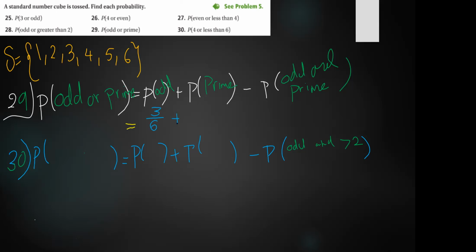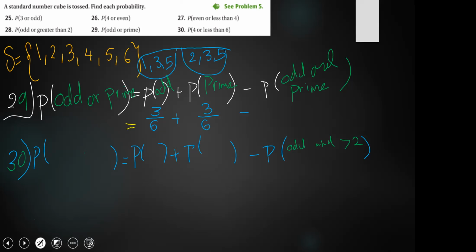Now, how many numbers are prime? Also 3. We have 2, 3, and 5. The prime numbers here are 2, 3, and 5. The odd numbers here are 1, 3, and 5. So we have 3/6 each. Now try to find the overlap.